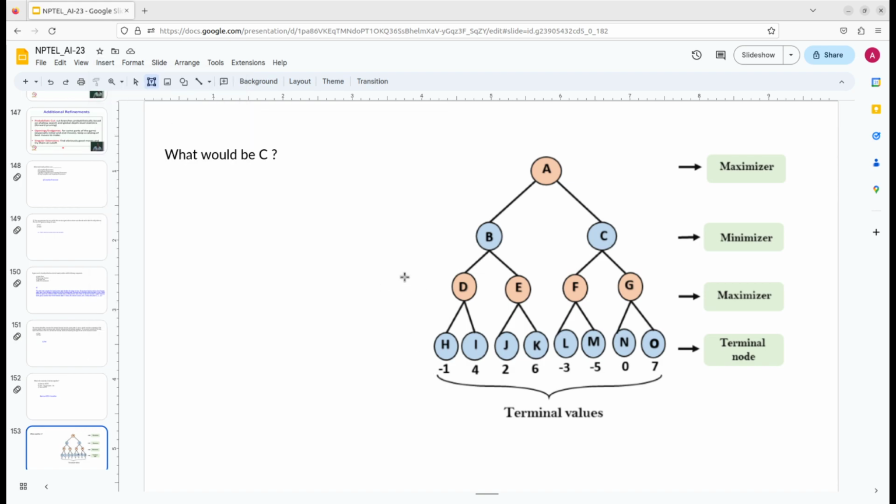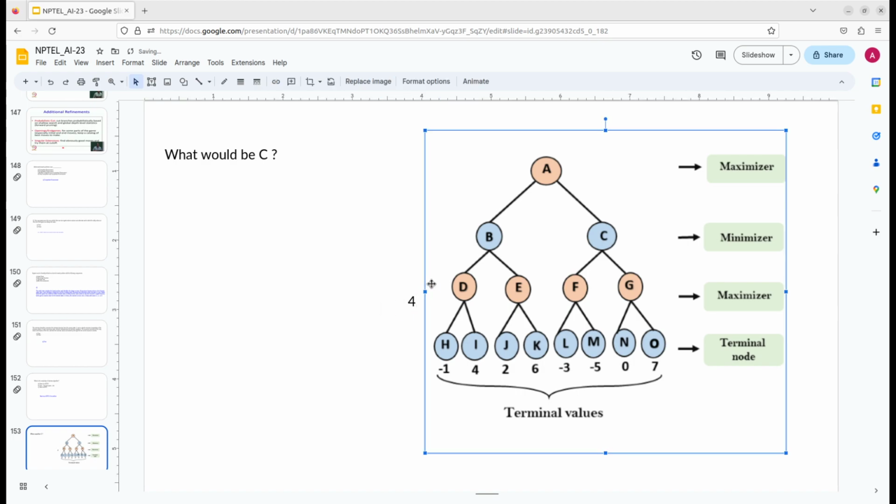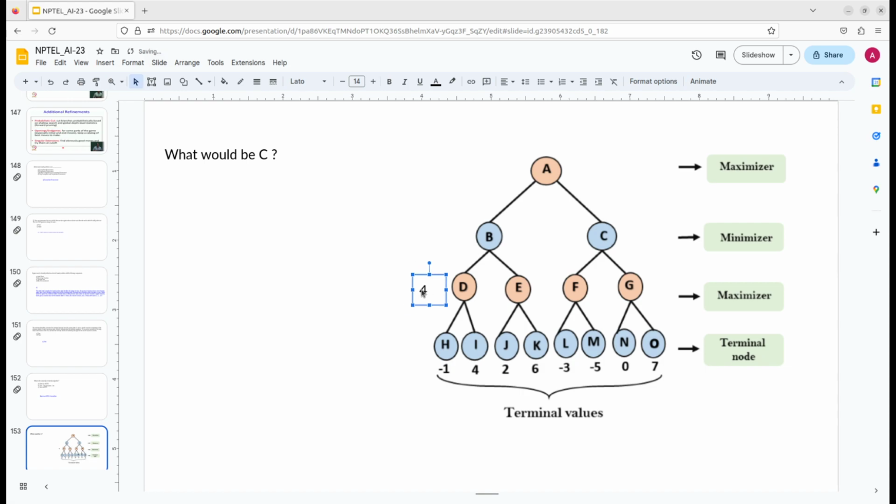Out of H and I, what would be the maximum here? You can see the maximum is 4. So for D the value would be 4. What about E? If you see the maximum out of J and K, you will have 6, right? So E would be 6.